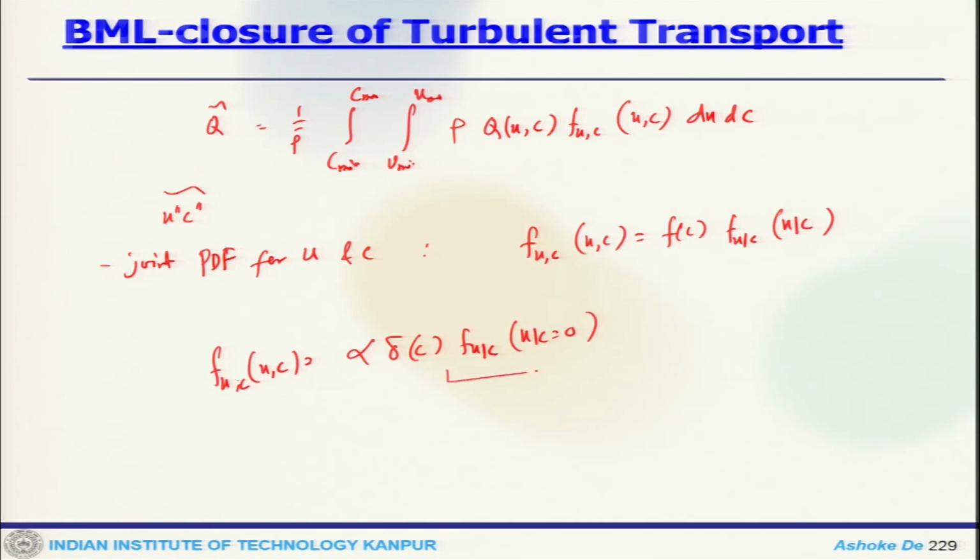So, this is a conditional PDF, or we have beta plus delta into 1 minus C, FUC, where UC equals to 1, and this is our delta function.